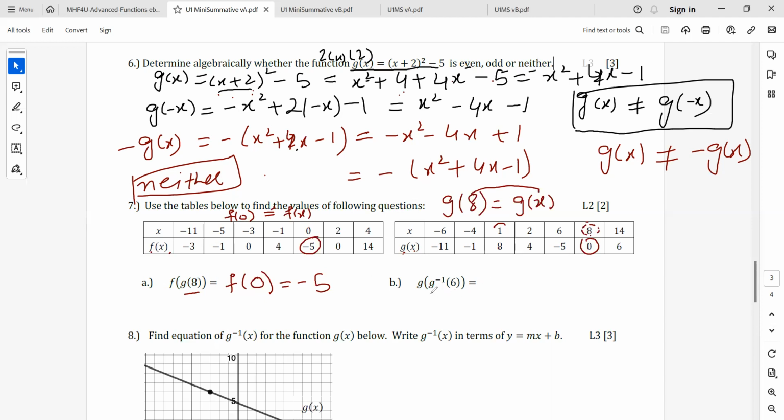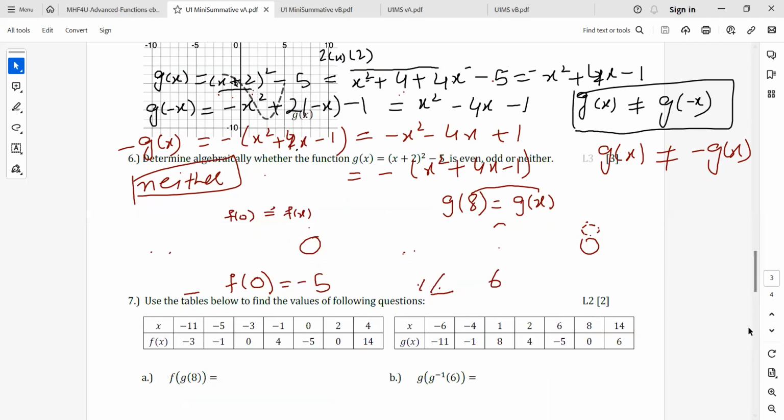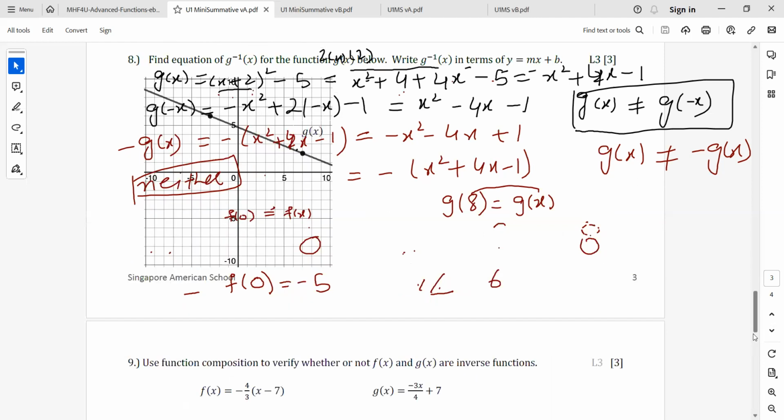Now g inverse of g of 6: the inverse and g can cancel out and we will get 6. Very easy. Should I move on? Yes, please.